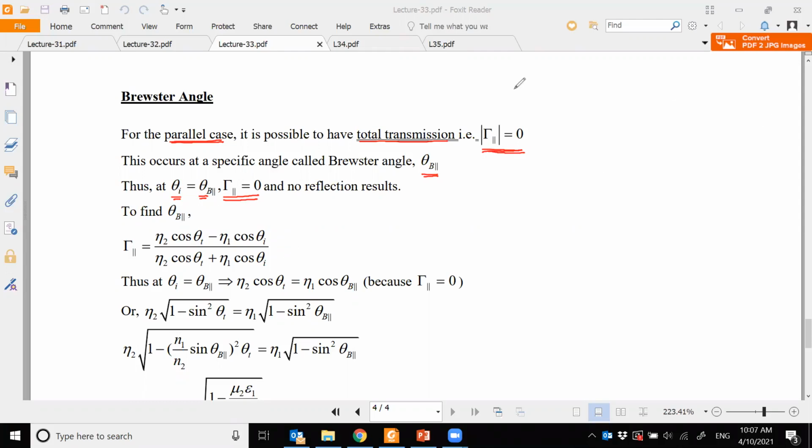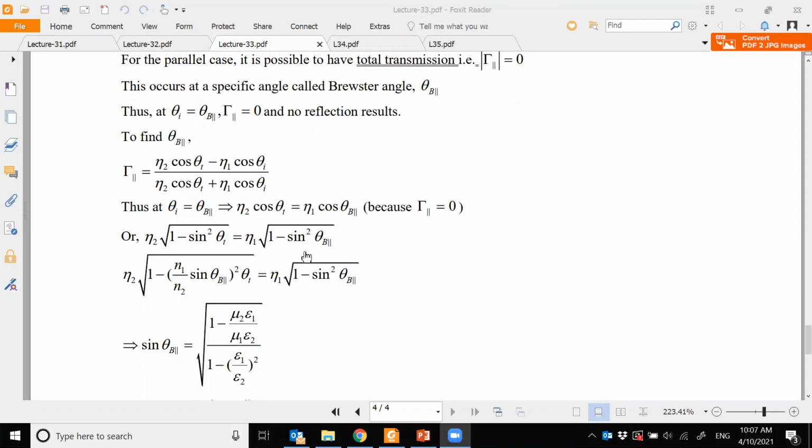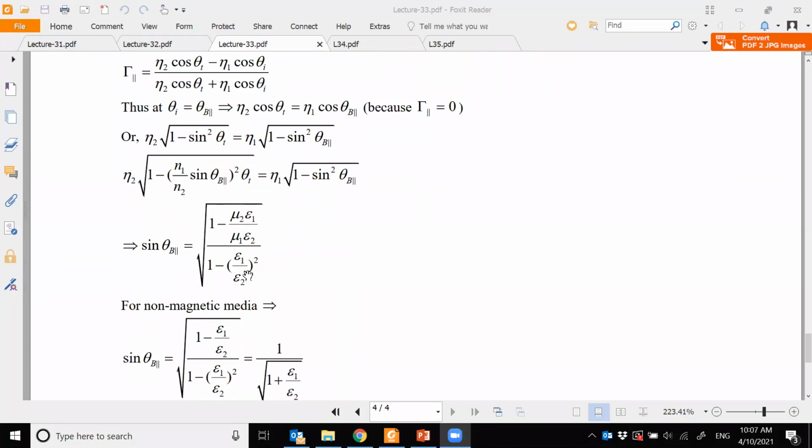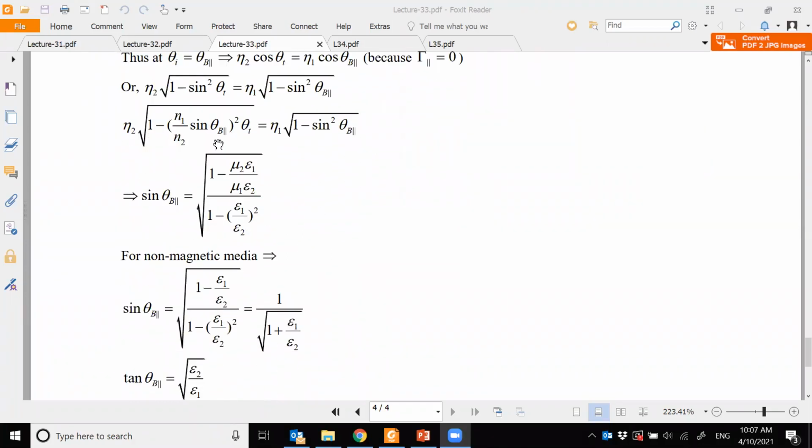and solve this, you are simplifying all these things. When you simplify it, you will get this as your answer. And furthermore, if we consider that our medium is a non-magnetic medium, that means I can say that mu R1 and mu R2 are equal to 1.